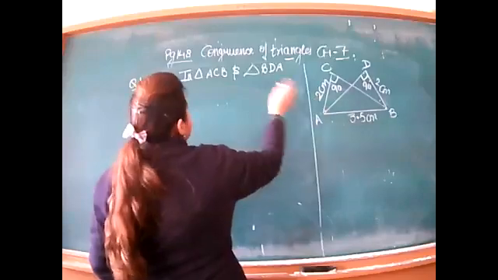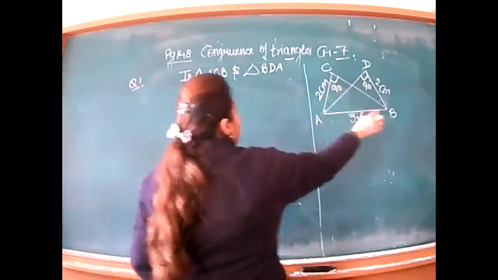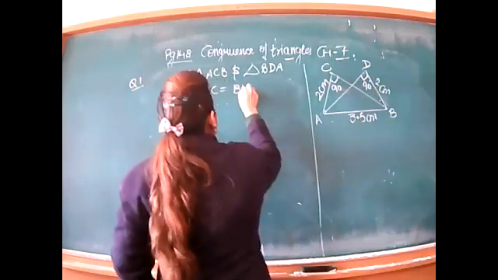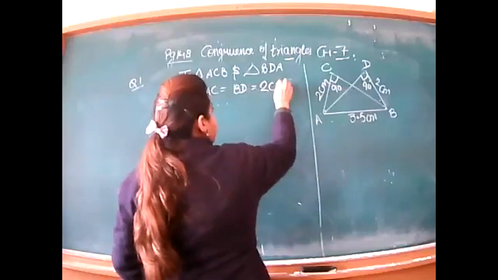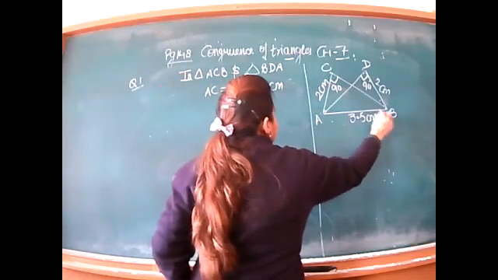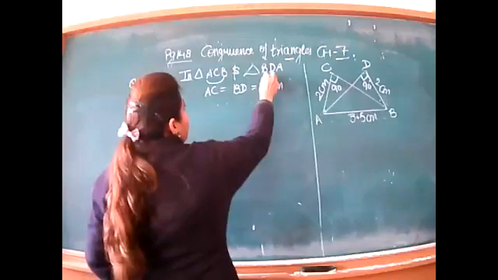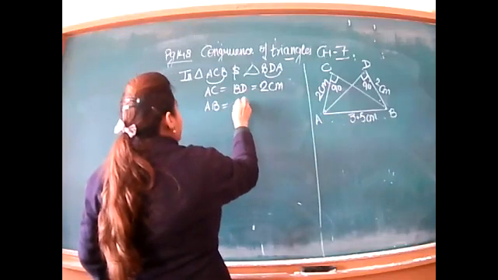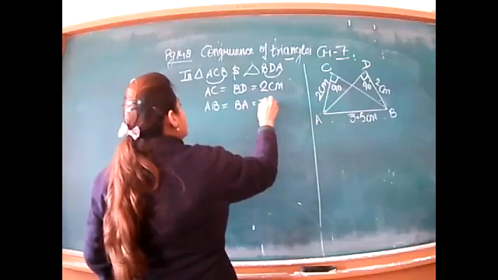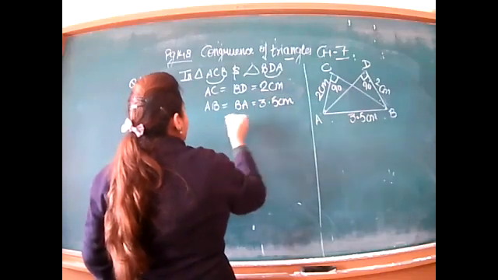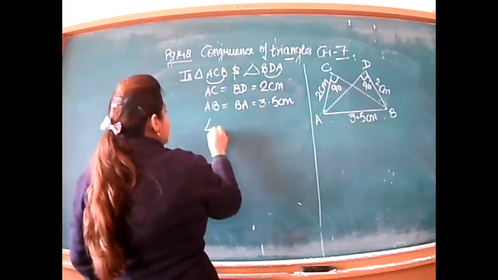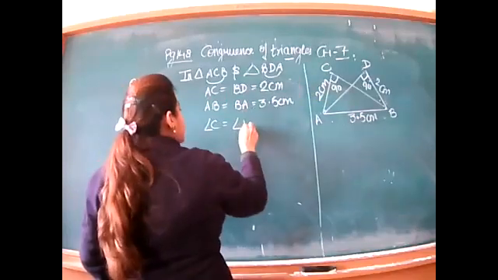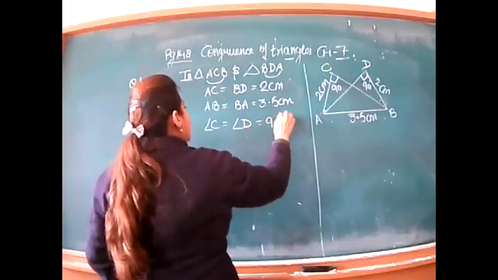Here AC is equal to BD, that is 2 centimeter. AB and BA are both 3.5 centimeter. And angle C and angle D are both equal to 90 degree.